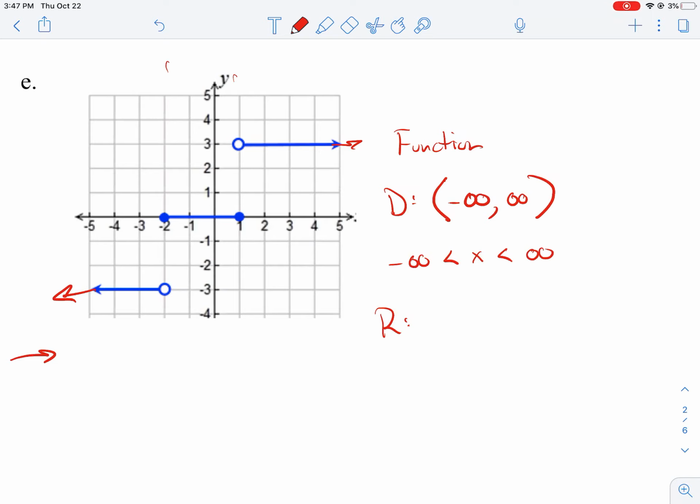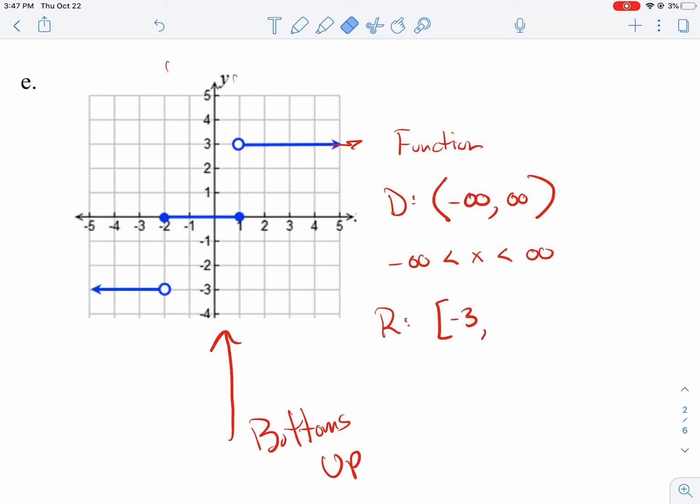All right, our range, we start from the bottom up. So we start from the bottom, we go to the top. The first one I run into is when y is equal to -3. For this one I am going to put a bracket because, even though we see a hole right there, -3 is still counted for over in these pieces.